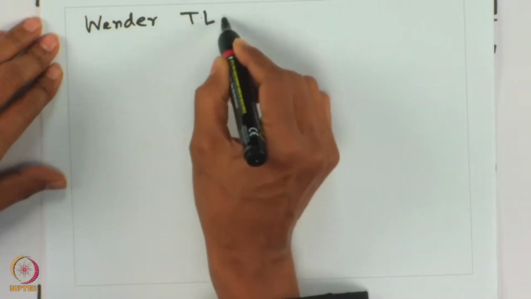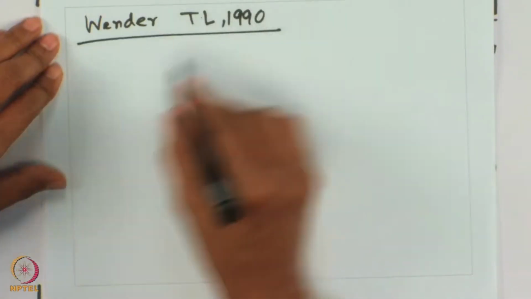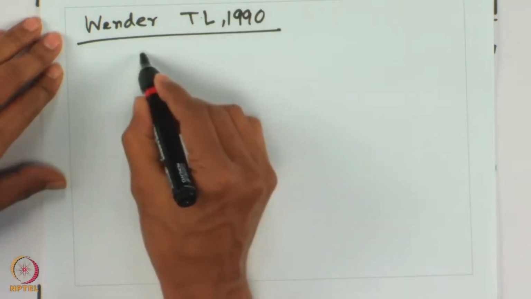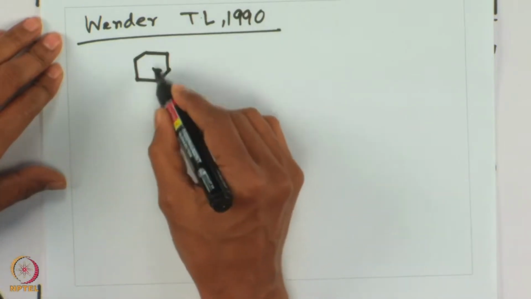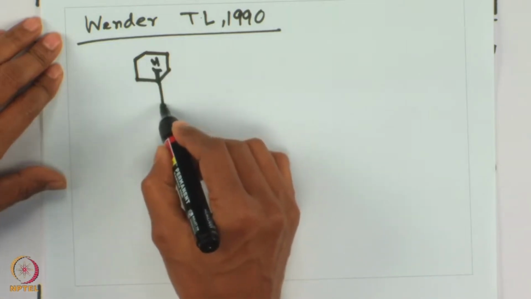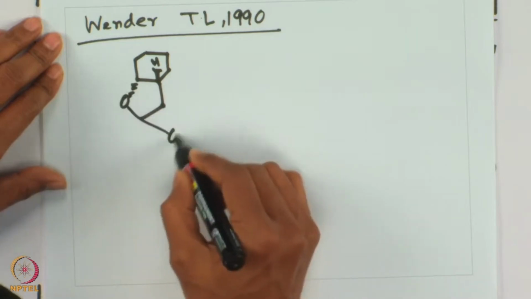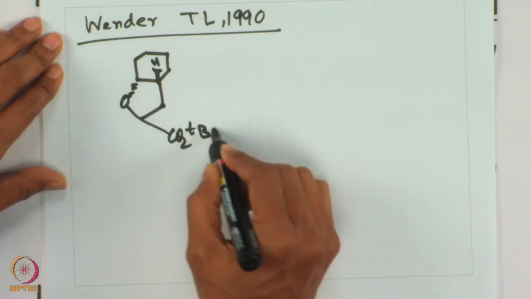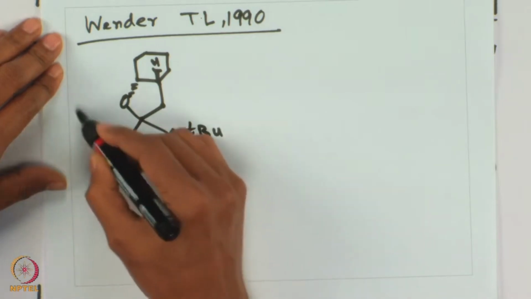Back in 1990 they reported it. What they have reported simply is an advanced intermediate where all these ene and yne are beautifully placed to give rise to an intermediate where CO2 t-butyl and this alkyne are appended.